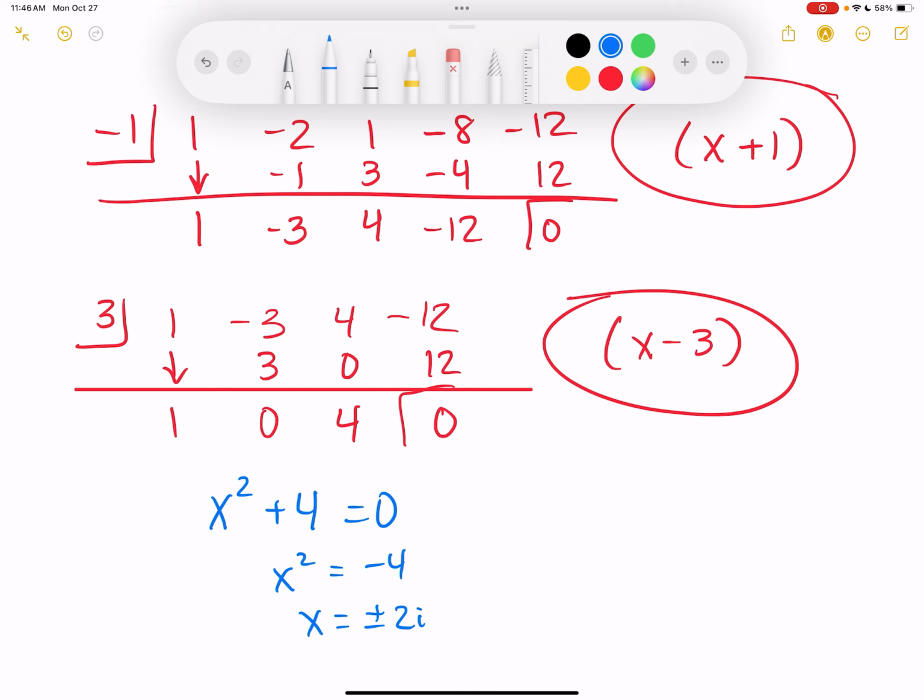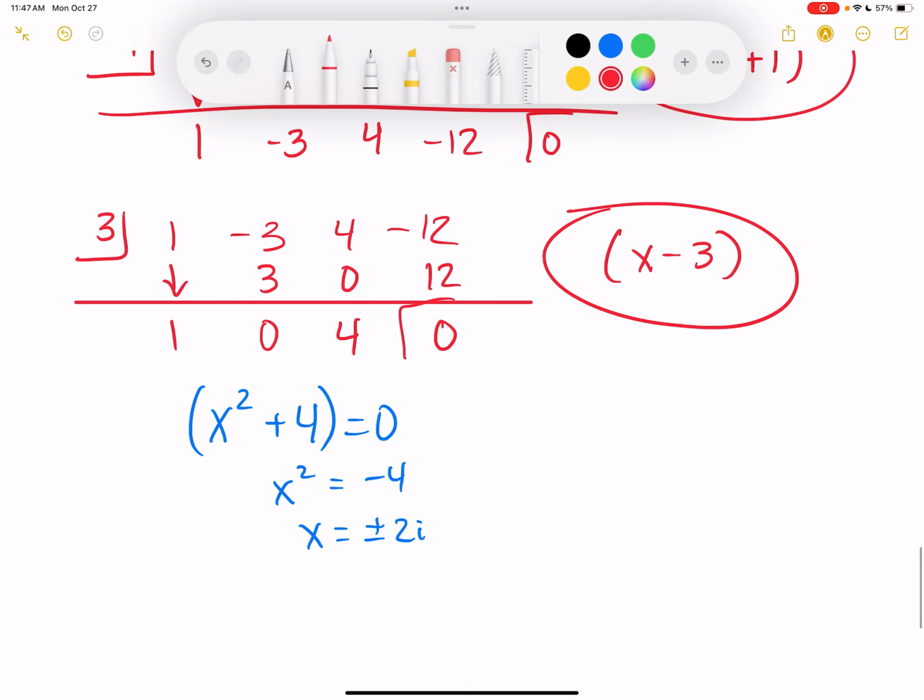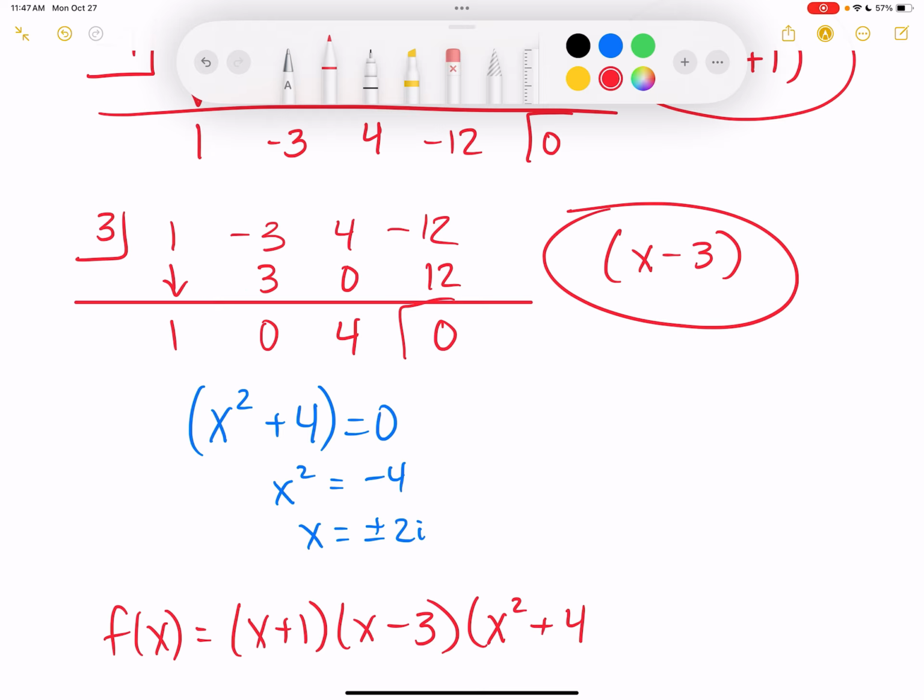So I'm going to leave this as a factor in and of itself, just x squared plus 4, because in this particular problem they don't want i's and they don't want radicals. So my answer, f of x, is equal to x plus 1 times x minus 3 times x squared plus 4.